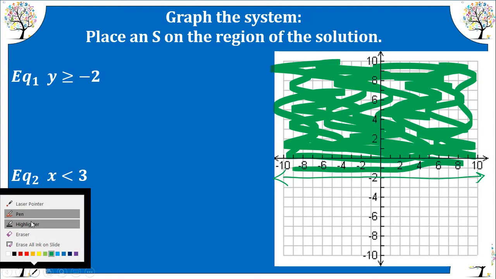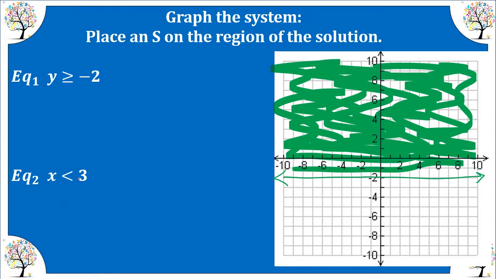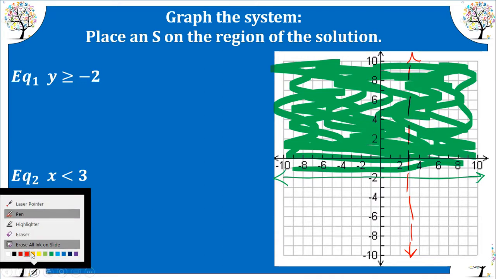And then for our next equation, x is less than 3. So this is that vertical line. This is not a function. I have x going through the 3, and those points are not included, so I'm going to put a dashed line. It says x is less, so we're going to shade to the left.